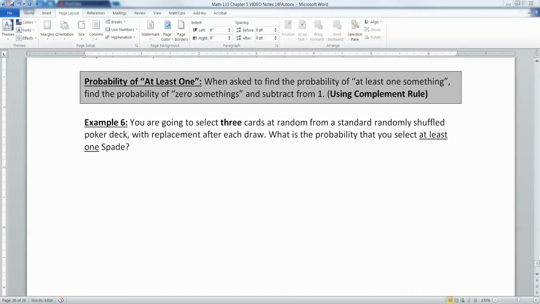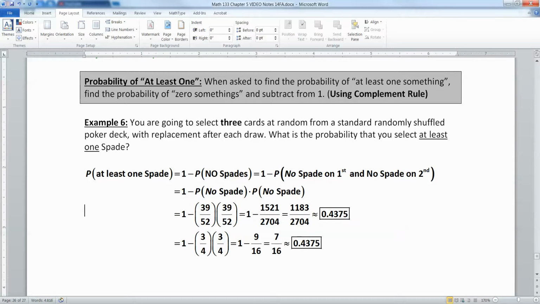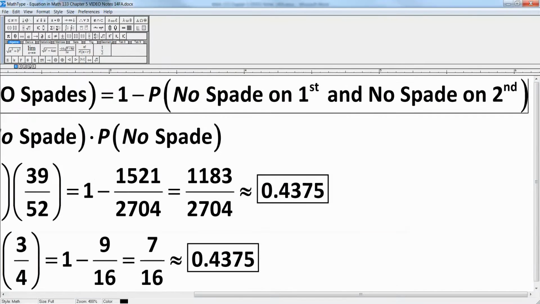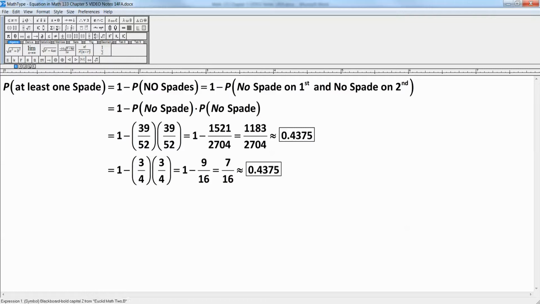Okay, so let me bring this up here for you guys to see. If I want the probability of at least one spade, then I want to take 1 minus the probability of no spades. I don't want a spade on the first card, and I don't want a spade on the second card. I want no spades at all, and I'm drawing 2 cards here. I think it's 2 cards.